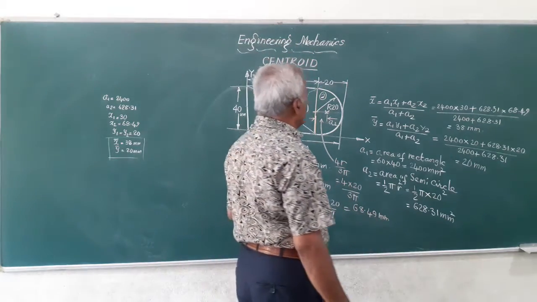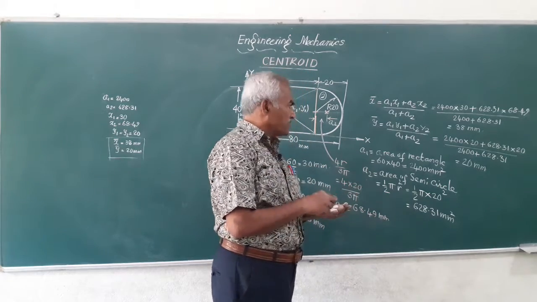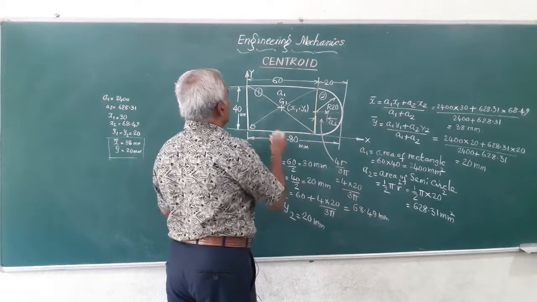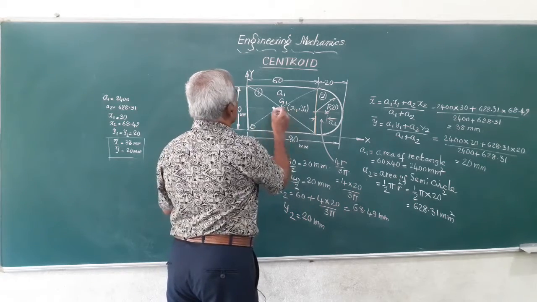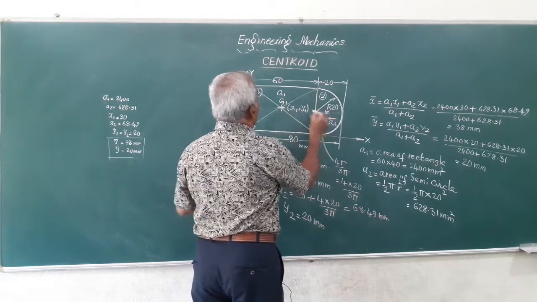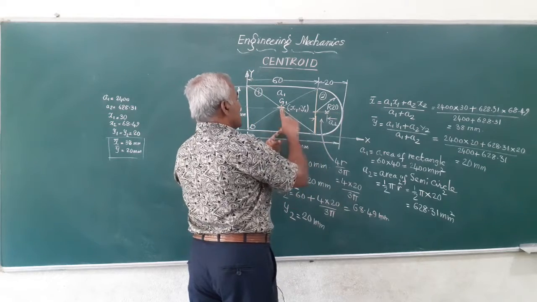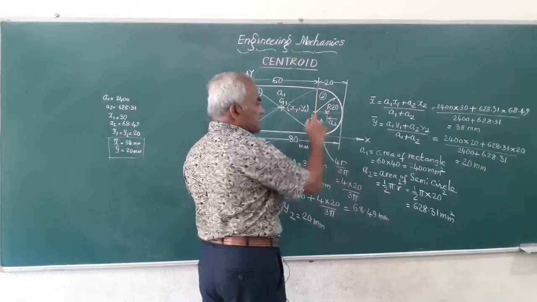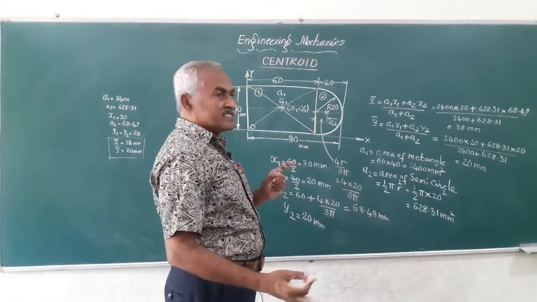Friends, you have to make one important observation here. In this composite plate, the distance of the centroid of both figure number 1, the rectangle, and that of the semicircle from the x-axis is the same. That is, y bar is the same.